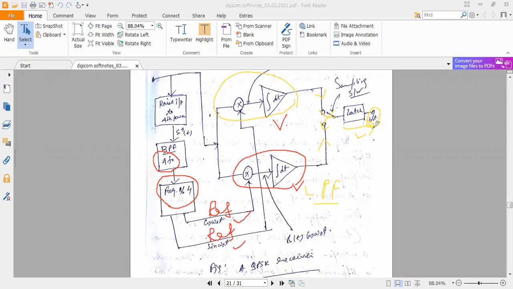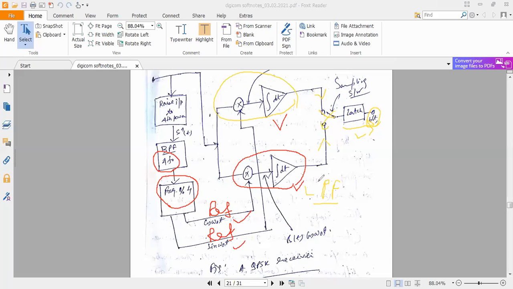That is the same as we use in ASK, FSK or PSK. But here we are using two low pass filters, one for the odd channel and the other for the even channel. So this is the complete block diagram of the QPSK receiver circuit.